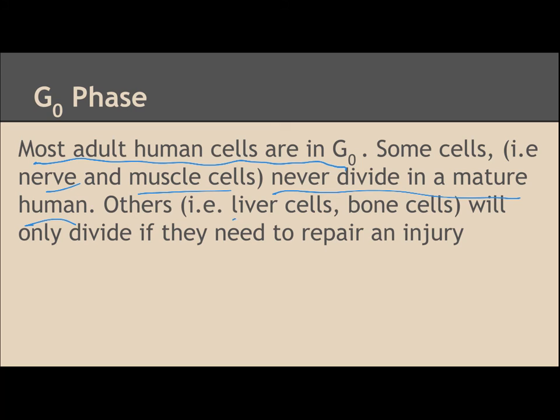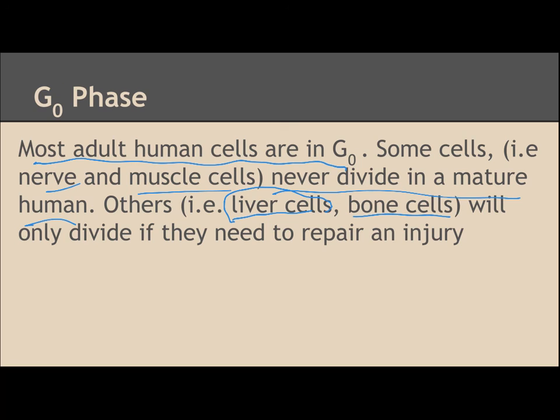You have other cells like liver cells and bone cells which can divide again, but they will only do that if they need to repair an injury. So normally if you're not growing any taller, your bone cells aren't dividing, but if you break your bone, then those bone cells are quick to start dividing again to heal that.